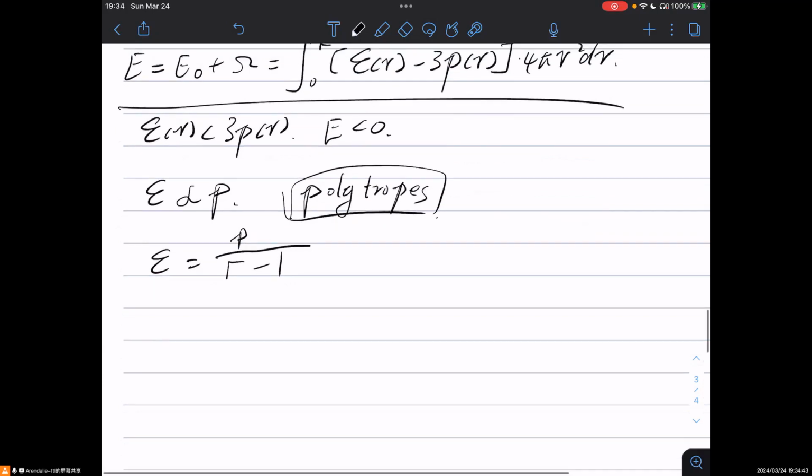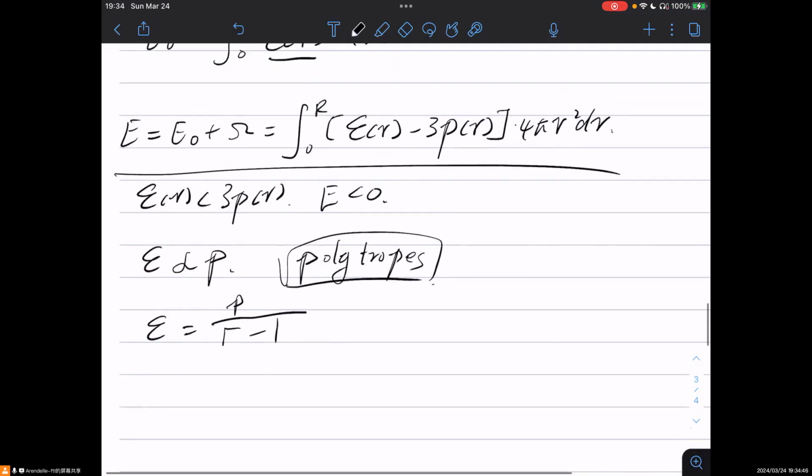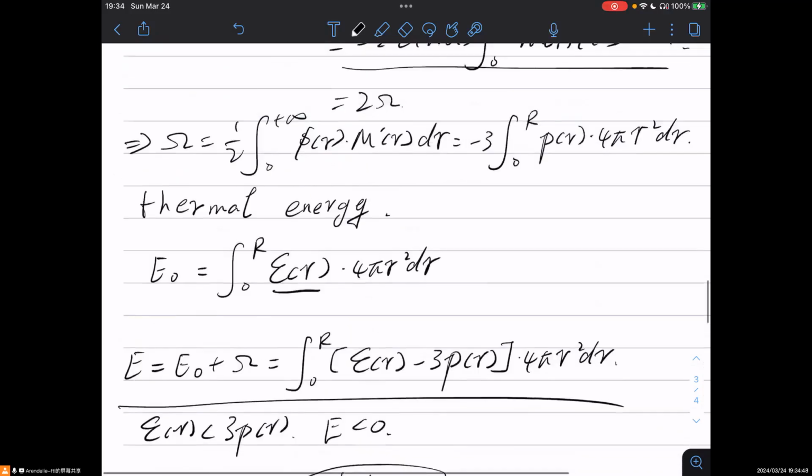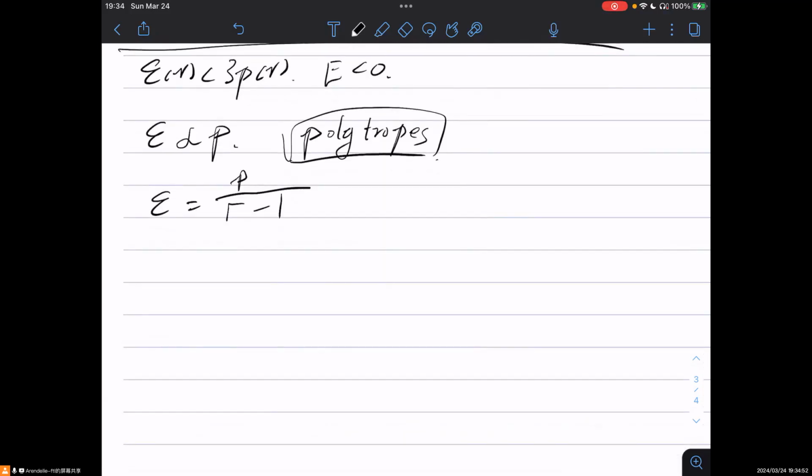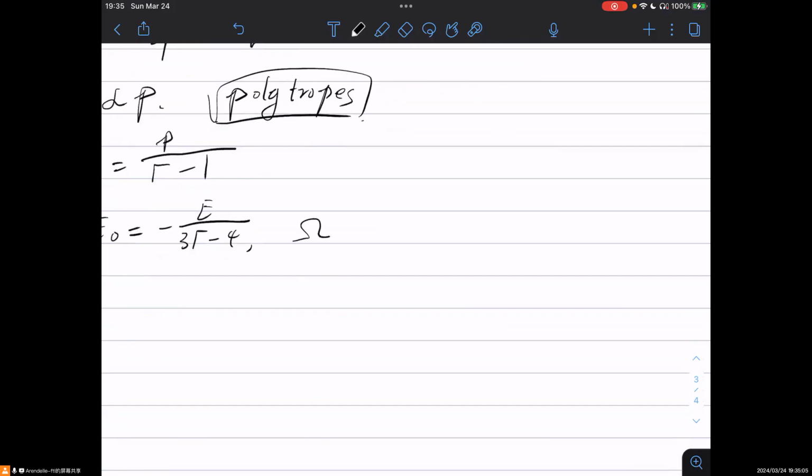Together with the expressions of E0 and omega, we can easily obtain the following: E0 equals minus E over 3 gamma minus 4, and the gravitational potential energy omega equals (gamma minus 1) over (gamma minus 4/3) times E.